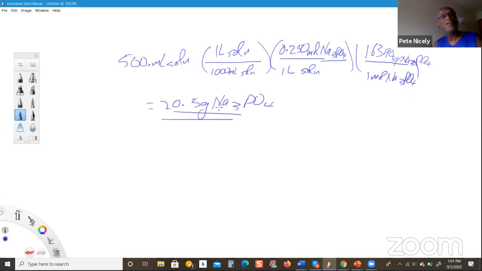We're not finished with answering this question, because the question did not just ask us to calculate the mass of the solute. The question is asking us, how would you prepare this solution? So you need to follow this calculation up with a statement.